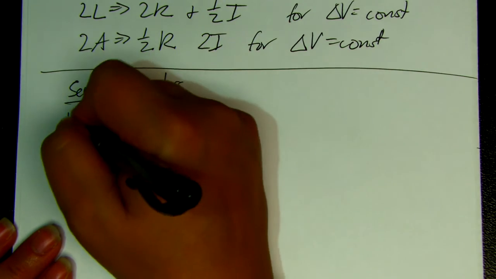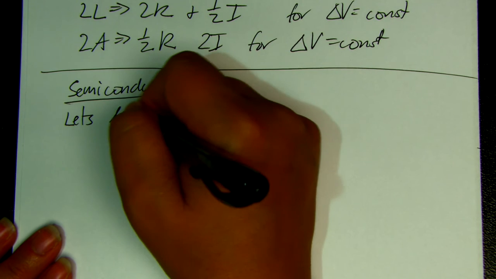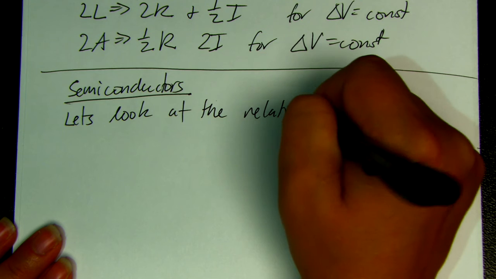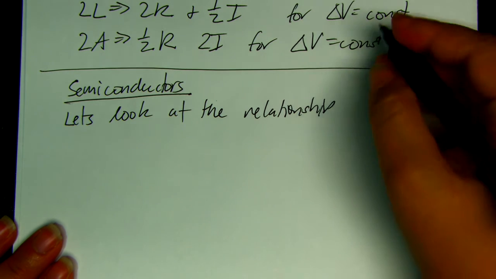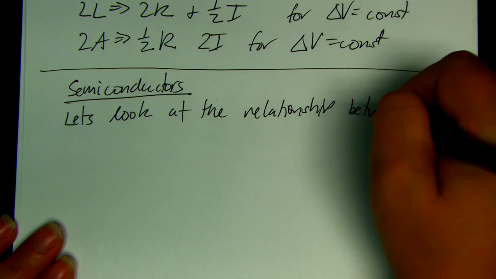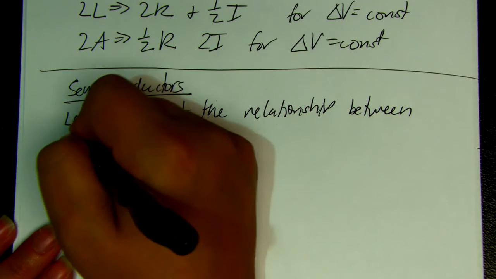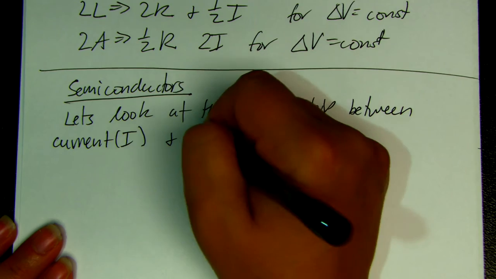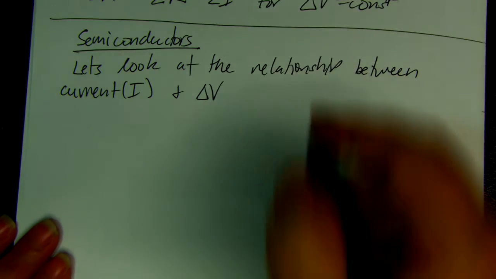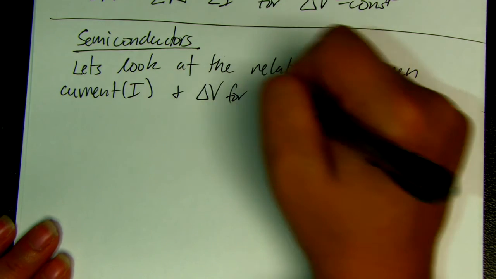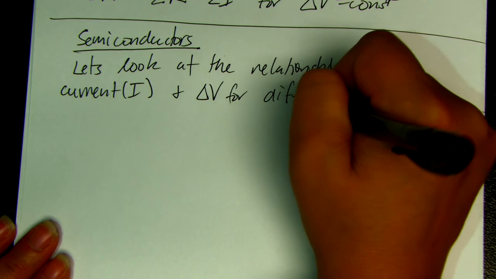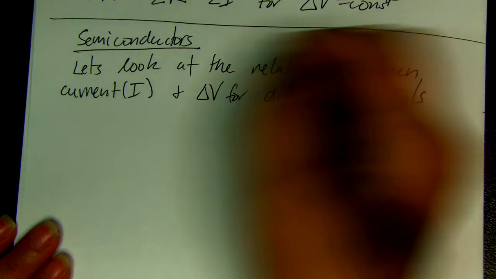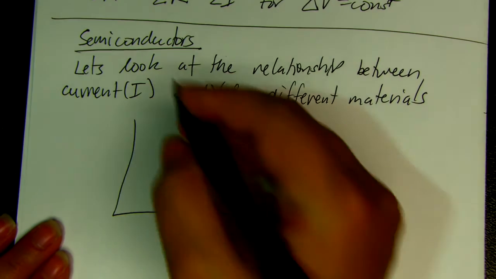So let's look at the relationship between current and delta V for different metals, or for different materials. So we'll look at a metal.